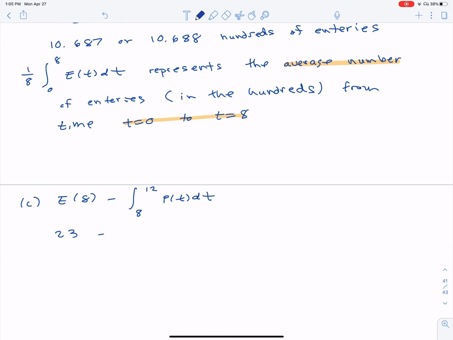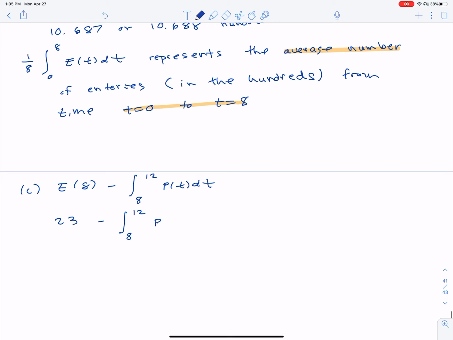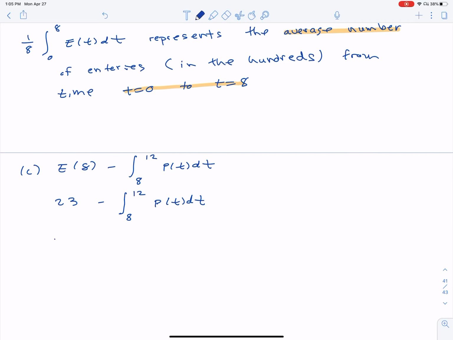And then in our calculators, we are going to integrate the function that they gave us. So what I ended up getting is 23 minus 16, which is 7.